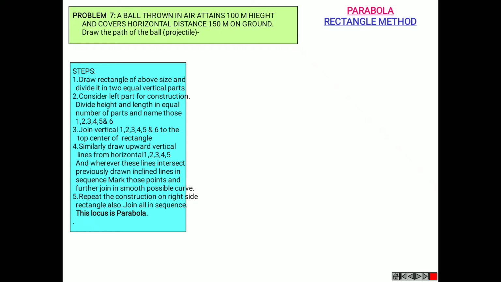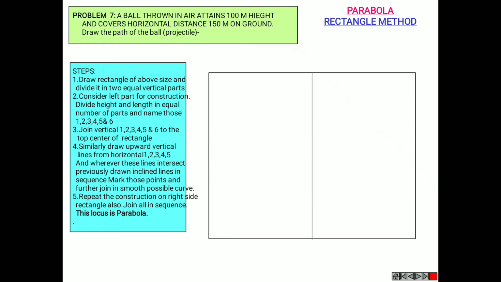What is it saying? Firstly, to draw a rectangle of the above size, we have drawn a rectangle, and he asks us to divide that rectangle into two equal vertical parts. Okay, we have done it, and he is telling us that in the left part of the construction, divide the height and length into an equal number of parts, for example 6 parts.